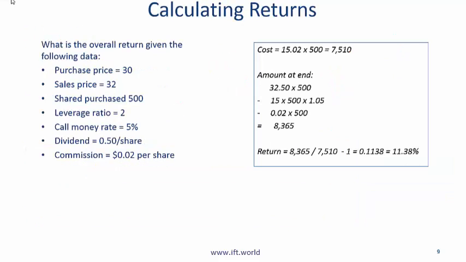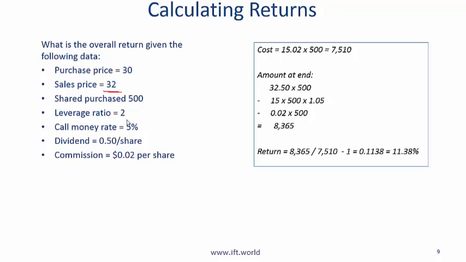Here is another concept that is relatively straightforward, but lots of people have issues with this, so I want to make sure that you understand what to do. What is the overall return given the following data? So you buy a stock for this amount, and finally, let's say 6 months later, you sell for 32. This is the number of shares you purchased.